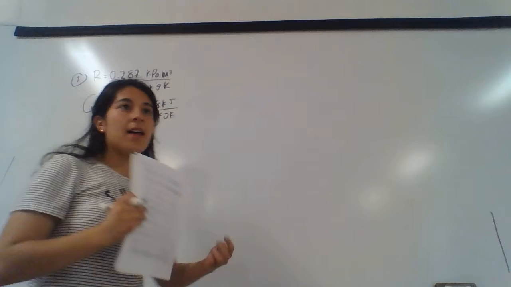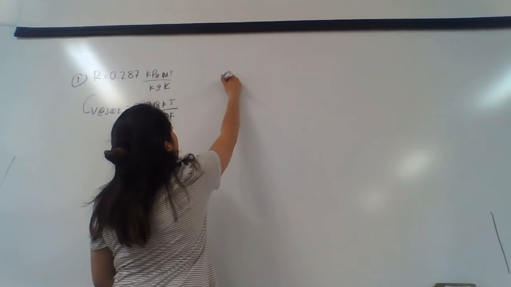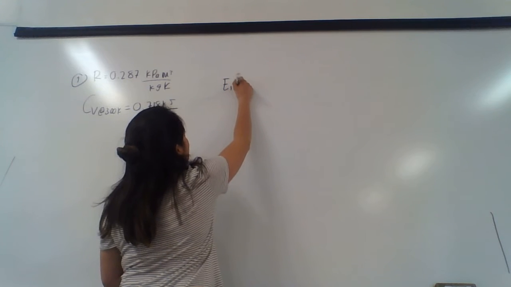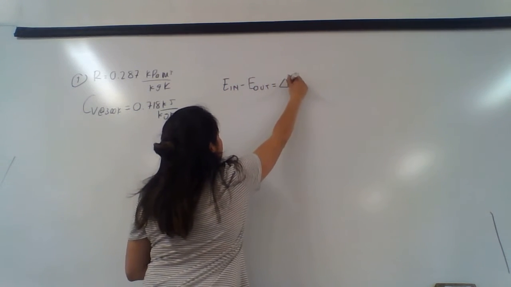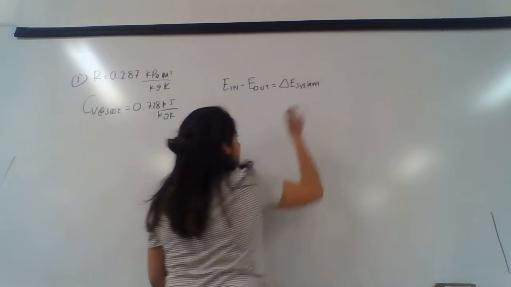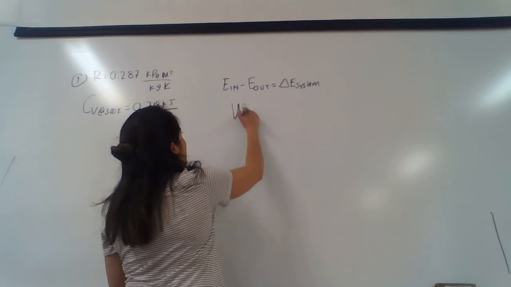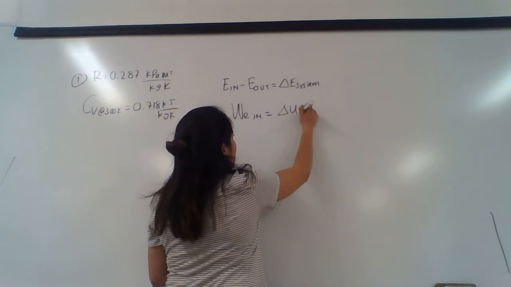So now, the formula we have to use is that the energy that is going in minus the energy that is going out equals the difference in the energy of the system. And for this specific case, the electrical work that is going in equals the difference in internal energy.